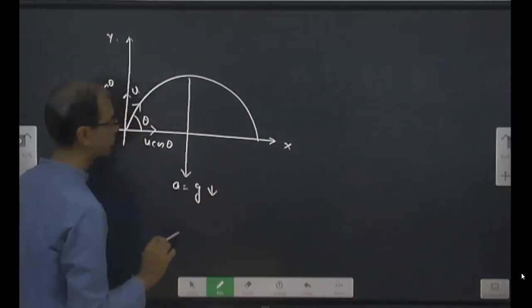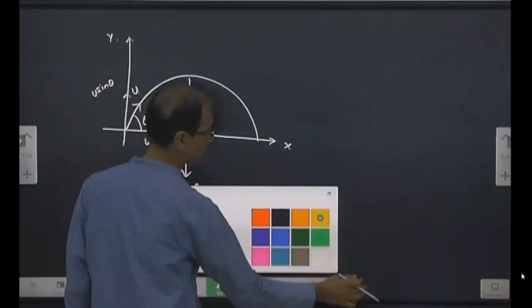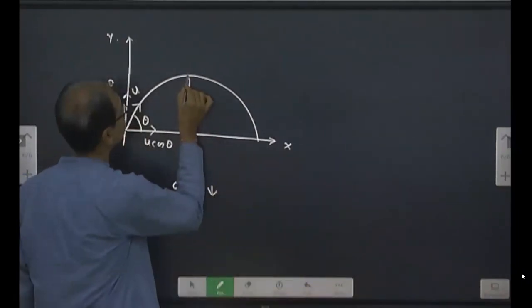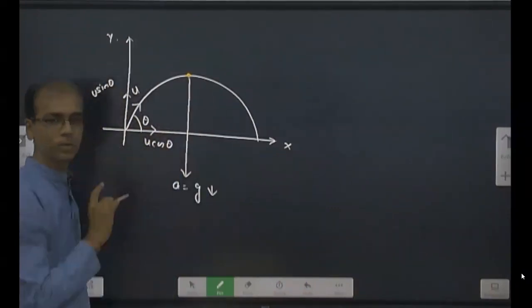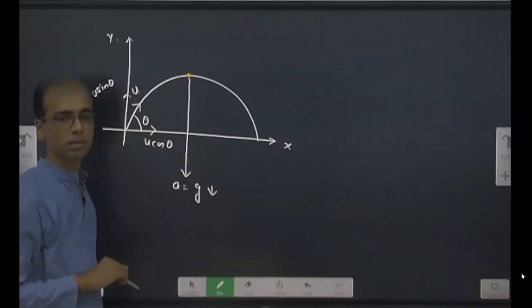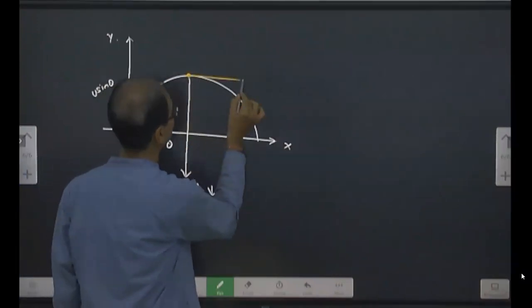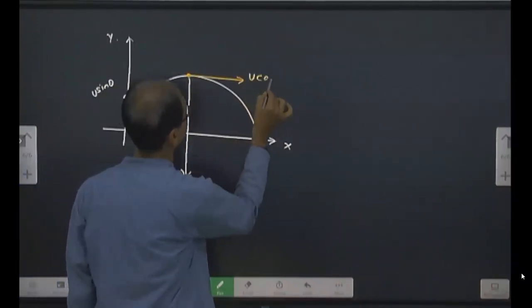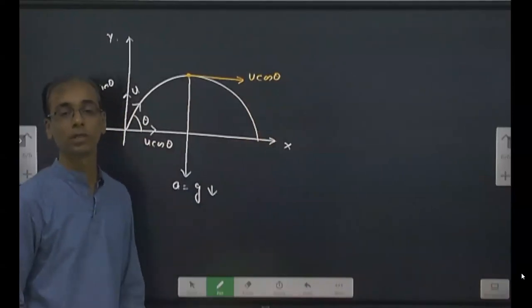Okay. Now we can see that there is a point which we are saying is topmost point. This is the topmost point of the projectile. And here, what is the speed of the projectile at the topmost point? At the topmost point, what is the velocity?